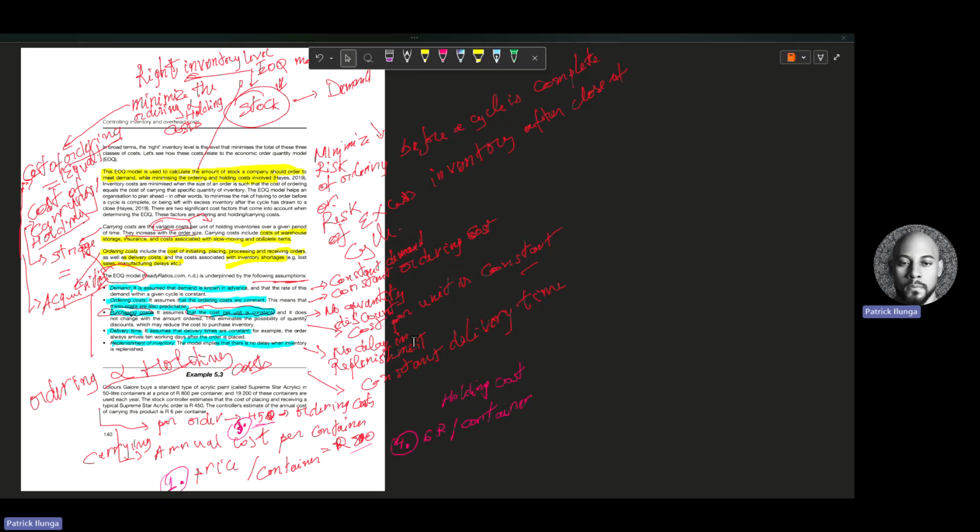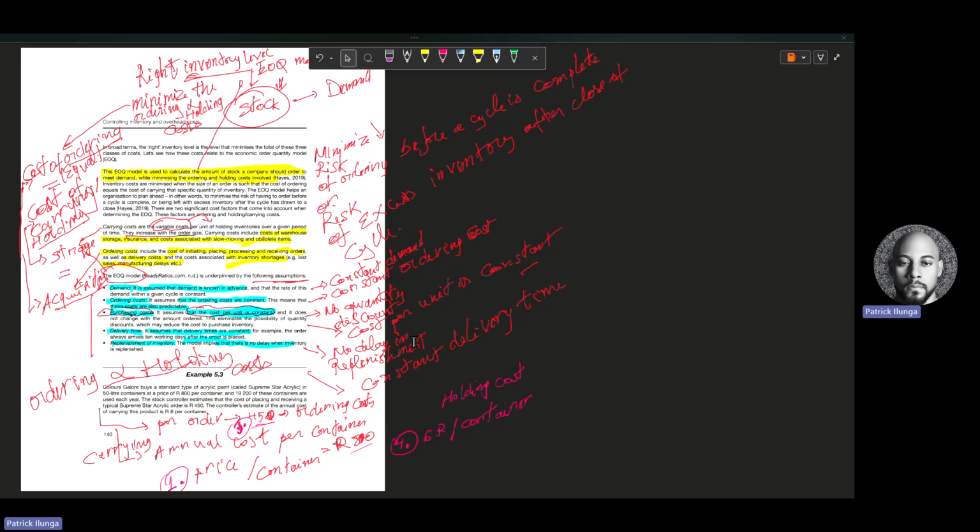You need to assume that. You also need to assume that the delivery time is constant. So if they say the delivery time is 100 days, when you order, it's going to take 100 days for you to receive your order. So basically, you know that the order time will not be variable, going up and down, changing, right?